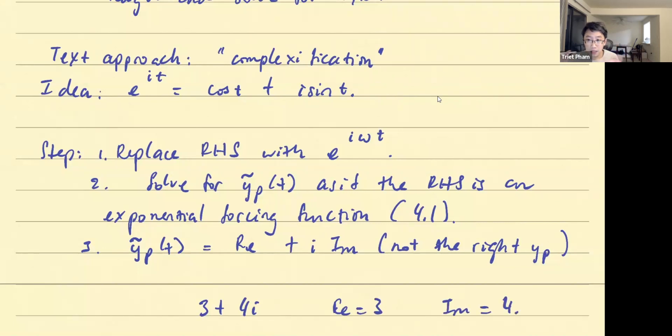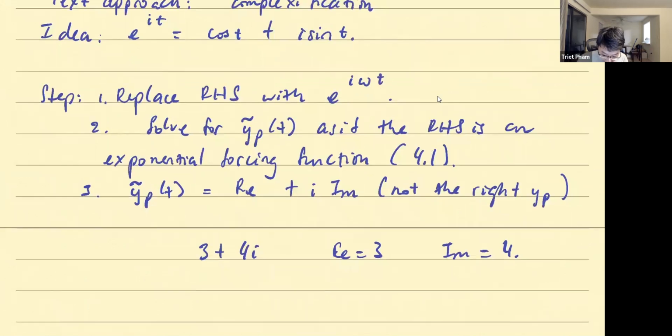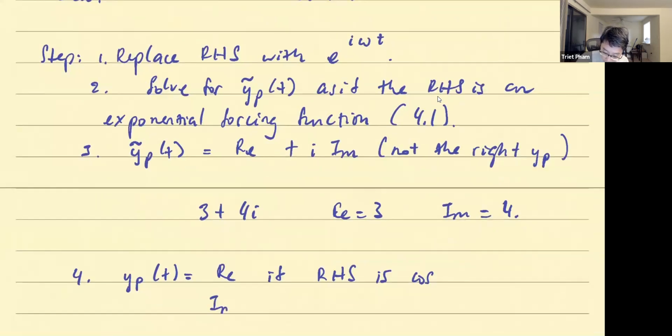That's the standard notation to denote the two components of a complex number. So step 4 is the real yp. Your yp will be the real part if the right-hand side forcing function is cosine, and it's going to be the imaginary part if the right-hand side is sine.